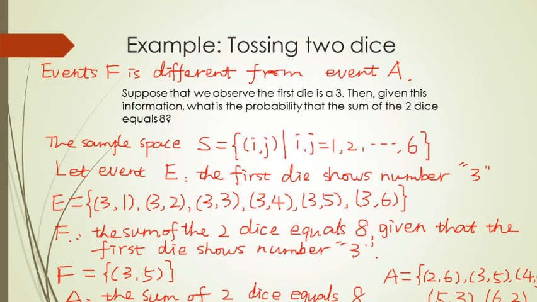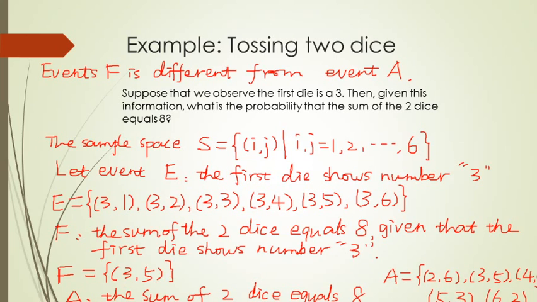So here, event F is the sum of the two dice equals 8, given that we know the first die shows the number 3. So we only have one outcome in event F, which is 3,5.